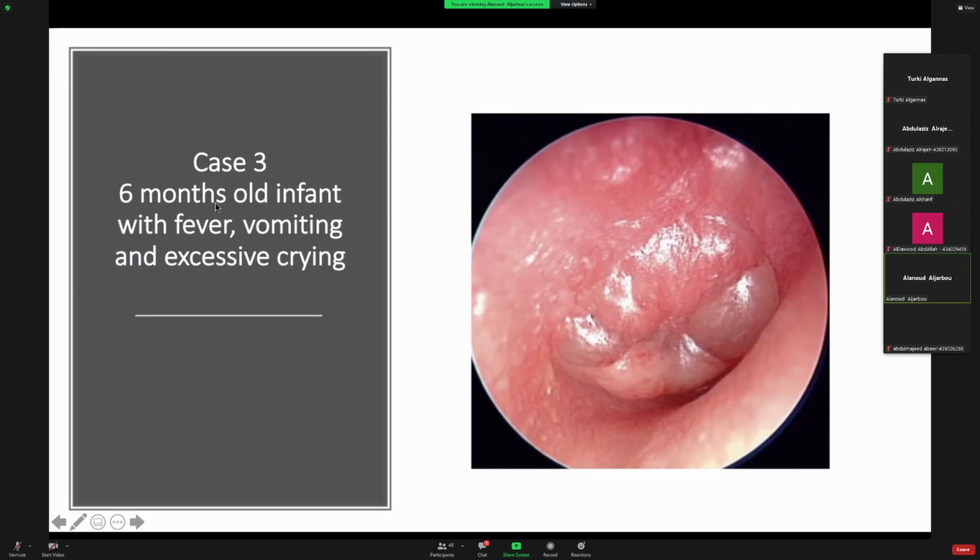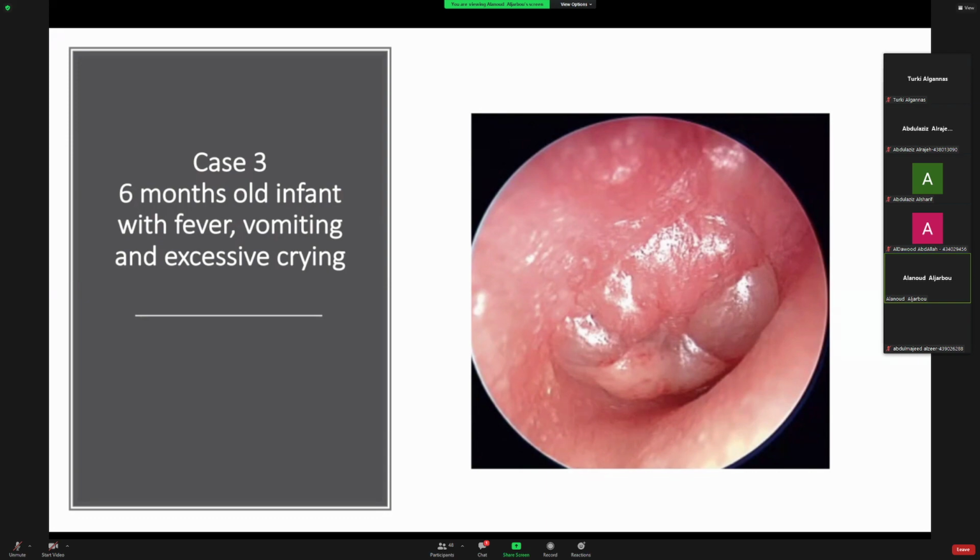So for a patient less than 2 years, we will start with the treatment directly. But if the patient is more than 2 years old, there is a chance of spontaneous resolution, more than 50% chance.